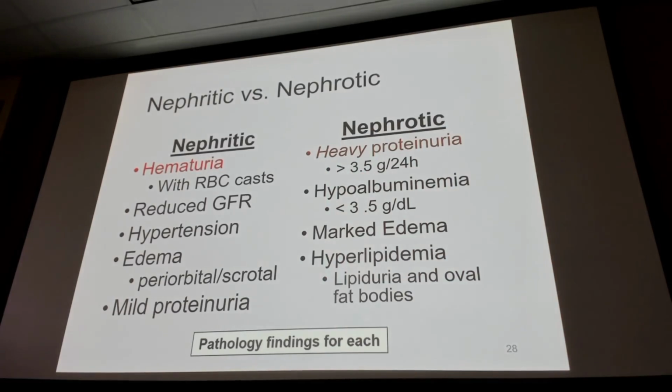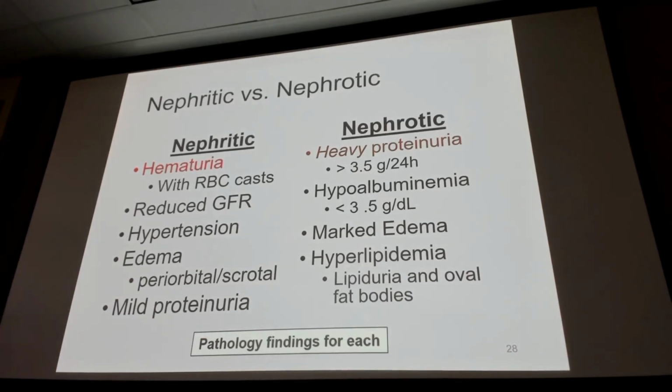We've talked a lot about the difference between nephritic and nephrotic syndromes. Know your protein levels that you expect to see in nephrotic syndromes. Be very careful. Remember that when you're talking about a nephrotic syndrome, the protein in the urine is going to be high and the protein level in the serum is going to be low, right?